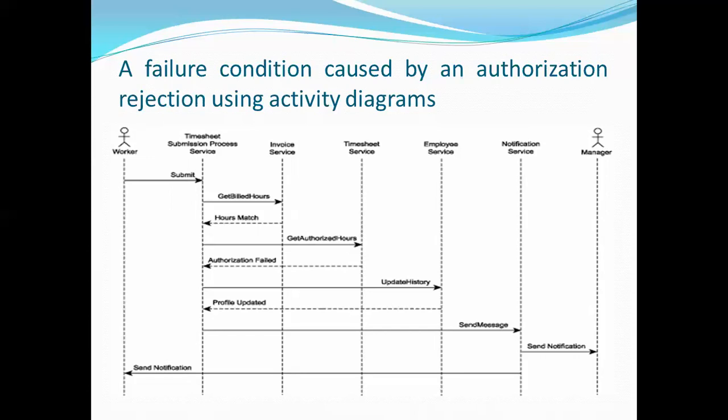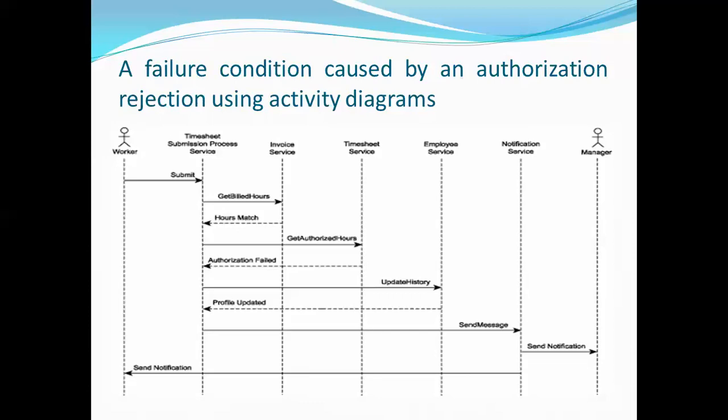You check that the recorded hours are below the upper limit of the weekly hours. And if one of the cases fails, then you update the history table, meaning reject the timesheet and update the history table. The updated history information is recorded inside the employee table.